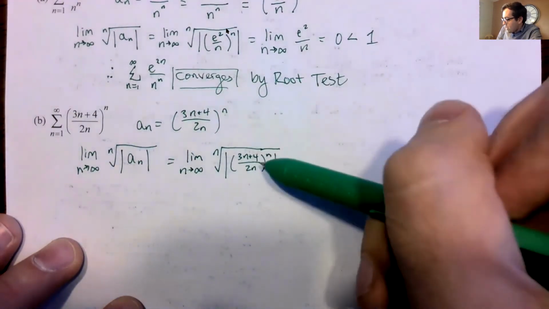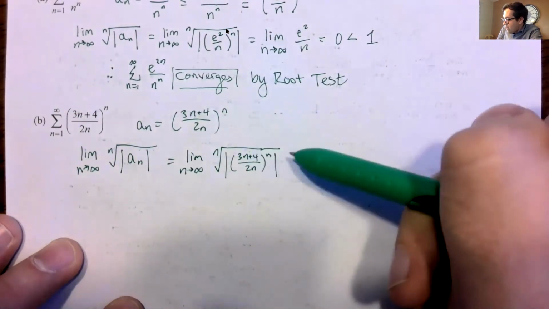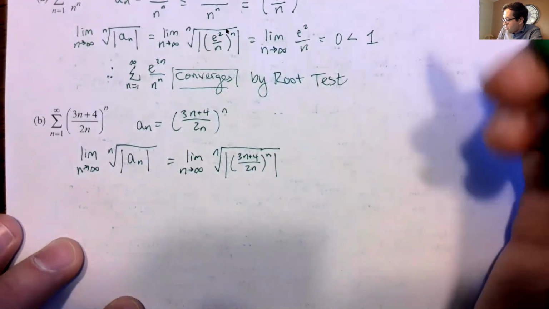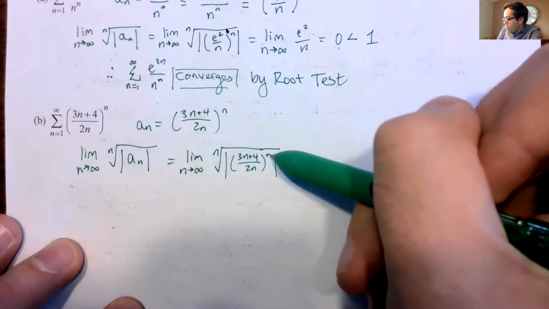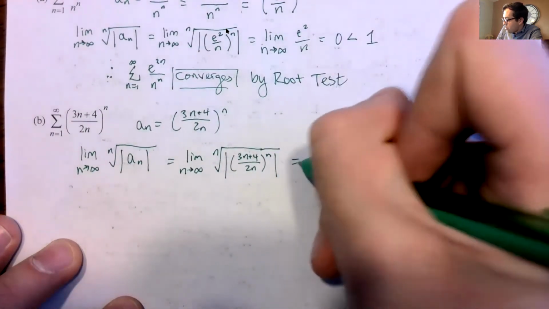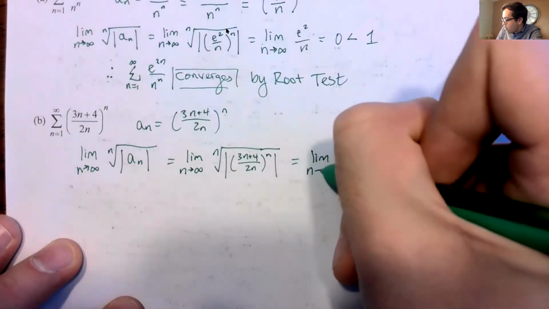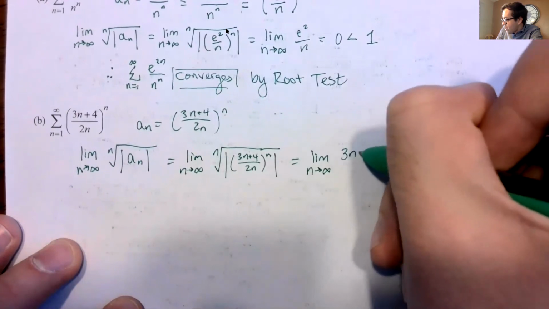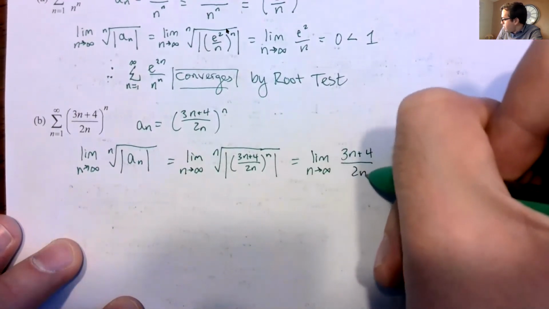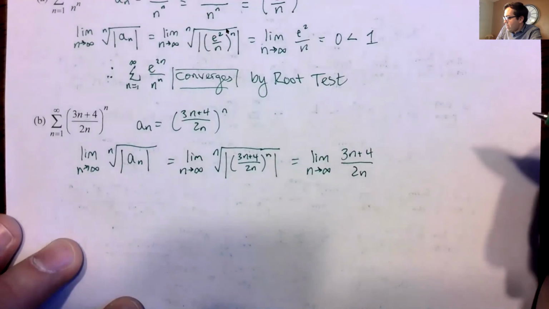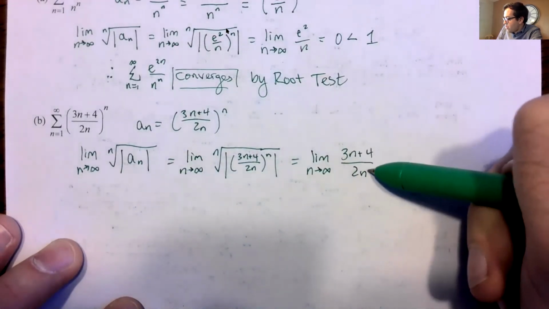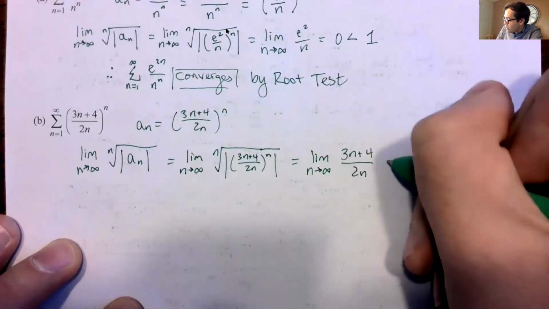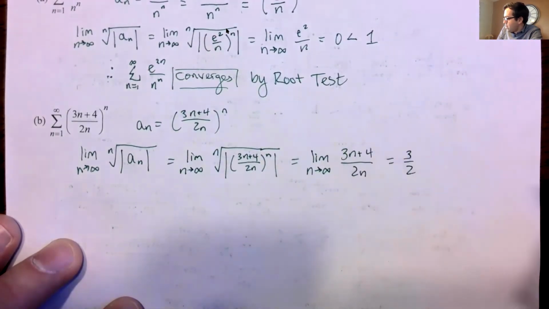And once again, this fraction is never going to become negative. The nth power isn't going to make it negative, so the absolute value can just be discarded, and we have an nth root of an nth power. So this becomes the limit as n approaches infinity of 3n plus 4 over 2n. Now we have a bottom-heavy situation, and the exponents are the same, so we divide the coefficients, and we're going to get 3 halves, and 3 halves is greater than 1.